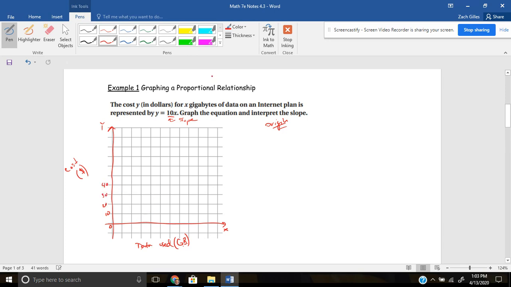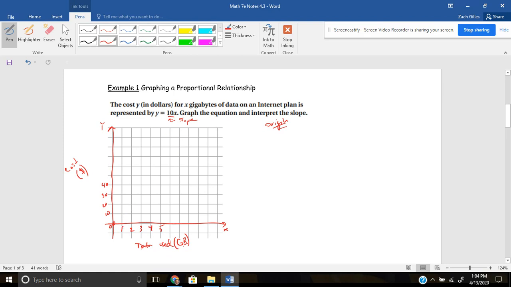And then the data used, I'll just go 1 gig, 2 gigs, 3 gigs, 4 gigs, 5 gigs, and so forth. My first point is going to be the origin, because if I use 0 gigabytes, it's not going to cost me any money.